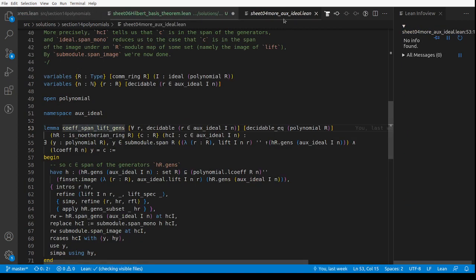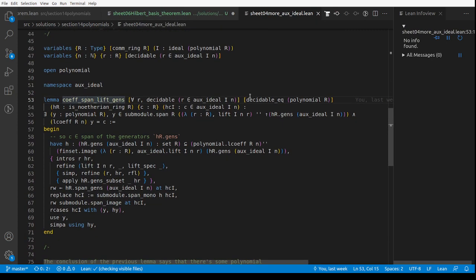It was here. So what's going on here is that this n is going to be our d, and you see that we know I is in the span of the generators at degree n. So if n is bigger than capital N, we're in trouble. But in this case, we're going to use this with d.